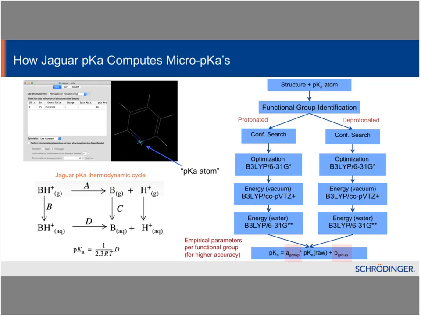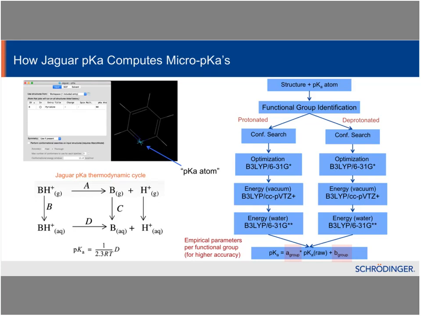If we are aiming at covering a large chunk of chemical space, all the functional groups, then we absolutely need to use those parameters, because even small errors here in quantum chemical calculations and the description of solvated species can lead to potentially large errors in pKa.